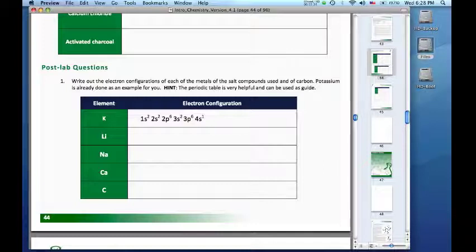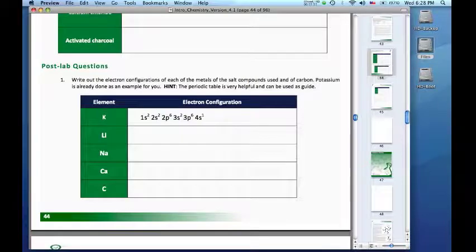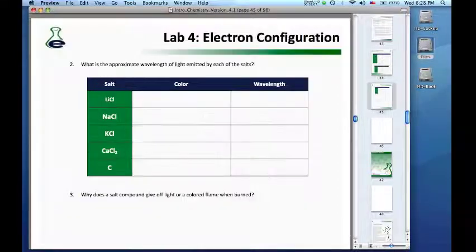Calcium is 1s2, 2s2, 2p6, 3s2, 3p6, 4s2. And carbon is 1s2, 2s2, 2p2. So I hope you can follow my voice in doing this.